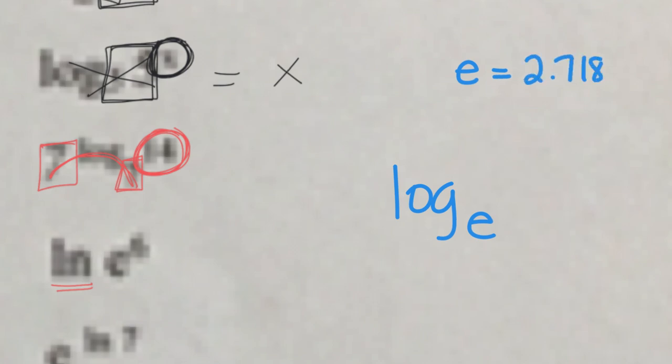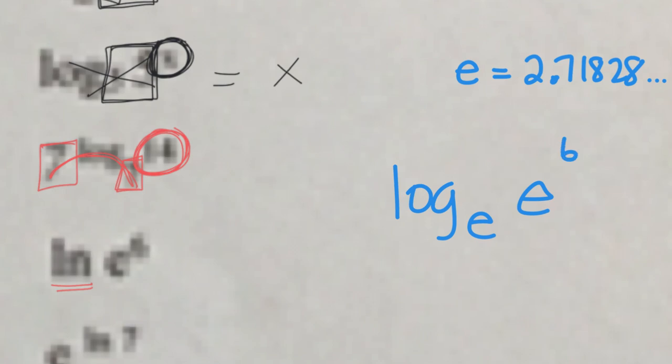Now natural log. Natural log is a tricky little bugger, because natural log is really log base e. e is what's called the natural number. It's 2.71828, repeating. So log base e is actually a number, it's not log to a variable. e is a number. So notice what we have.